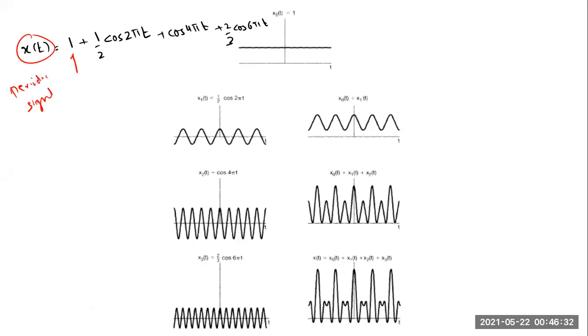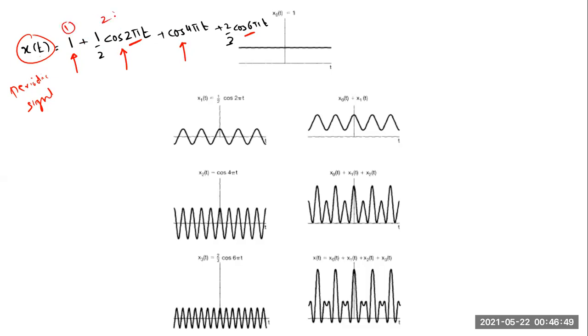So this is the constant component. This is the first harmonic component, which has the fundamental frequency. This is the second harmonic component, and this is the third harmonic component. And the original signal is made up of the summation of these four components.